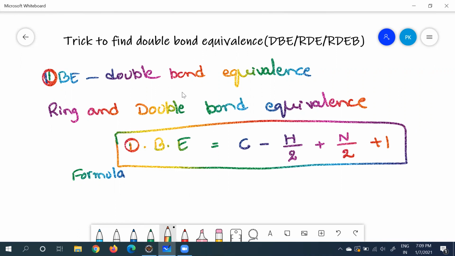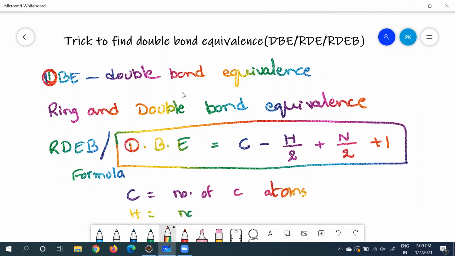So what's the equation to calculate double bond equivalence, or ring and double bond equivalence, students? That is equal to C minus H by 2, plus N by 2, plus 1. Here C stands for the number of carbon atoms. H is the number of hydrogen and any halogen atoms.